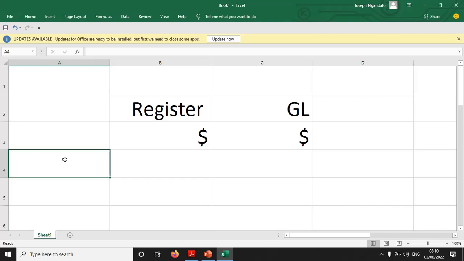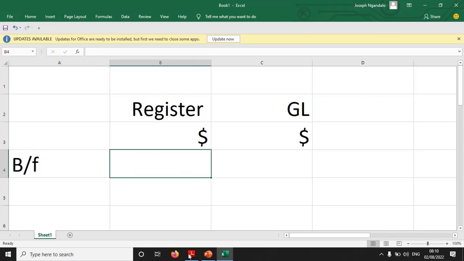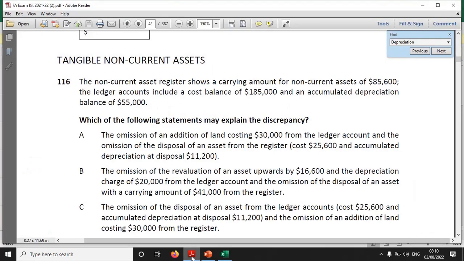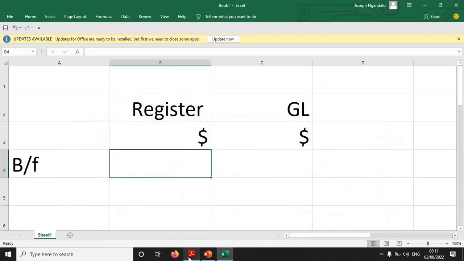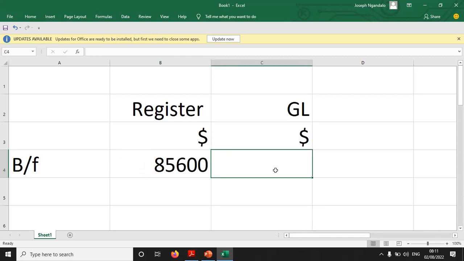So unreconciled balances, the brought forward amounts. We have got initially in the register 85,600. Is that correct? Next, we have got the difference on the other side.